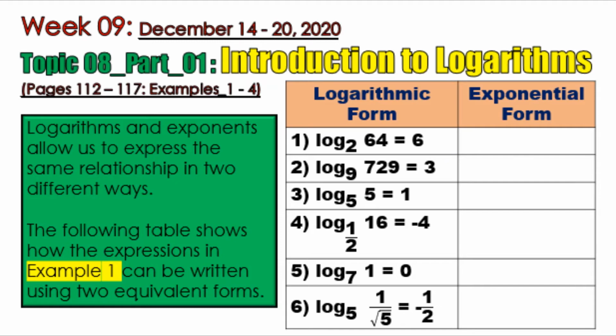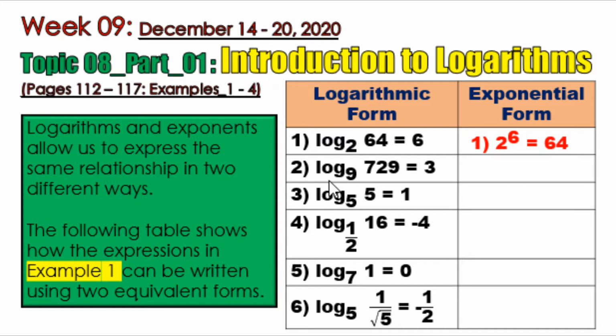So these can be expressed as exponential form as 2 raised to 6 is equal to 64. So remember, we have 2 as the base, and to get 64, 2 must be raised to 6. So that is why we have 2 raised to 6 is equal to 64.